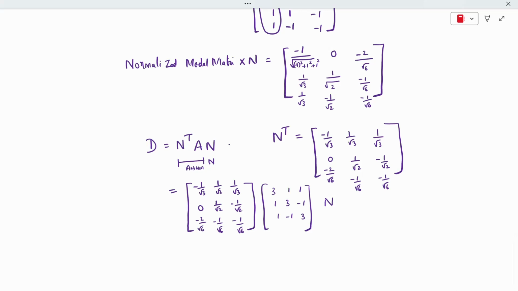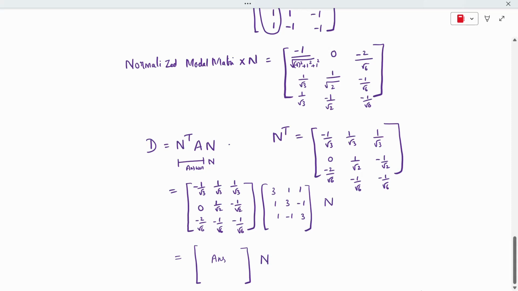That you write the calculation answer, then into N you multiply it. So overall everything you can do in a calculator, but you have to multiply N transpose into A, that answer you have to show it here. Okay, so that answer into N matrix.